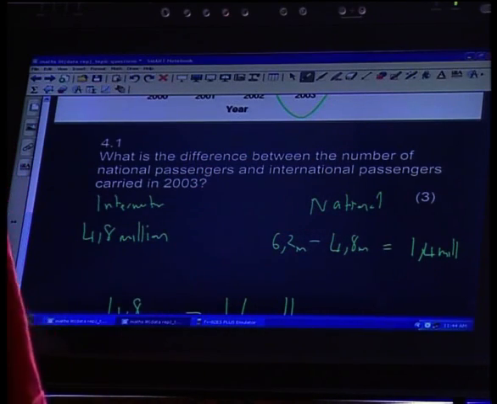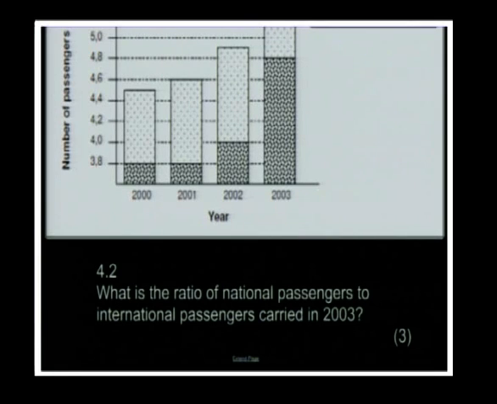So we want to find the ratio of, and let's go back to the question, the ratio of national to international. That means we must put the national ones first and the international passengers second. Well, we said 1.4 million nationals as to, that's the standard notation for the ratios, to 4.8 million.